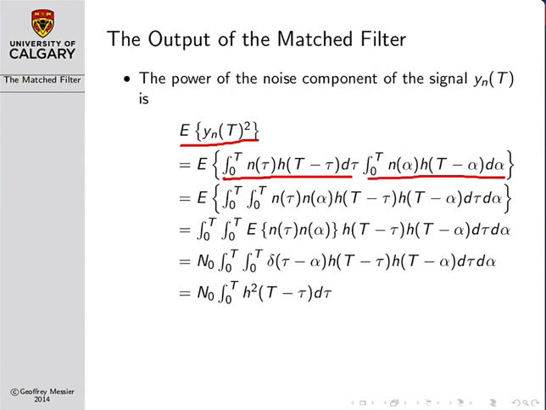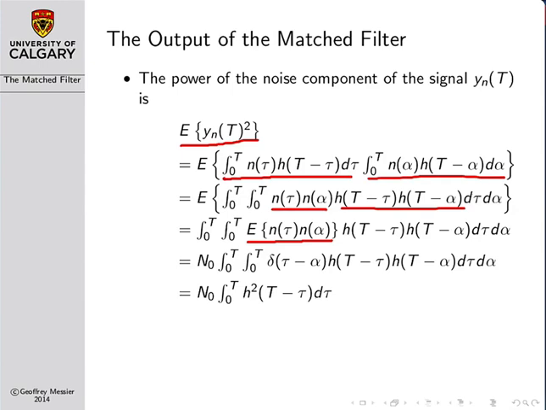On the next line, we group terms a little bit, and you'll notice that this equation contains some components that are random, so the noise samples n are random, but the filter response h is deterministic, it's not random. And so when you take the expected value of a large equation that contains both deterministic and random components, you can kind of zoom the expected value operator in on the random parts, right? So we take the expected value of the noise at time tau multiplied by the noise at time alpha.